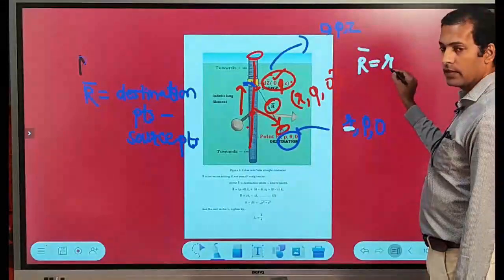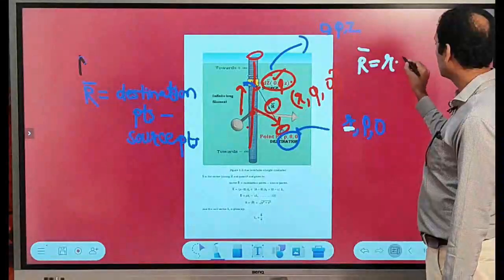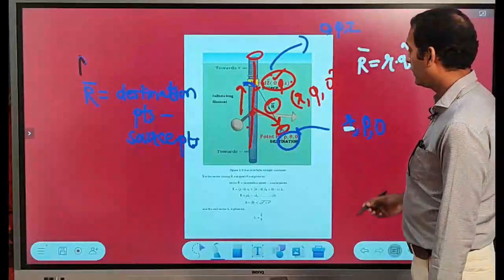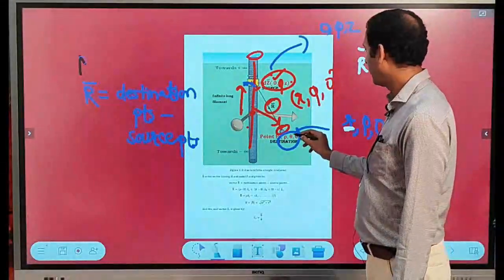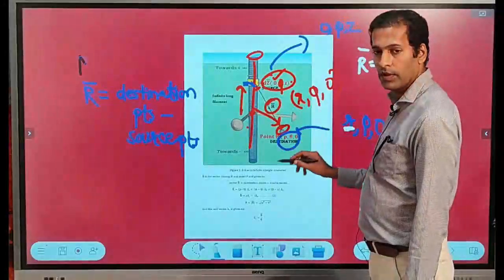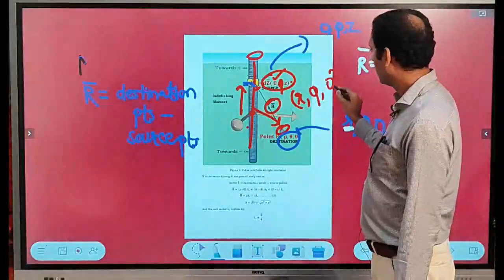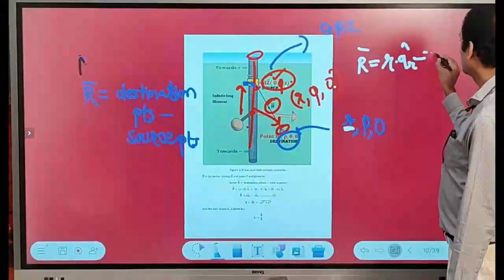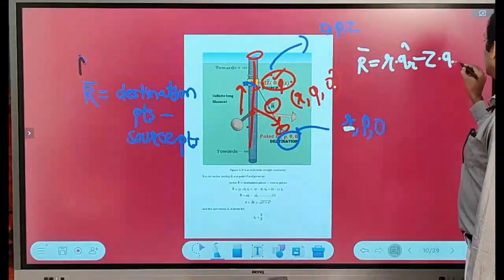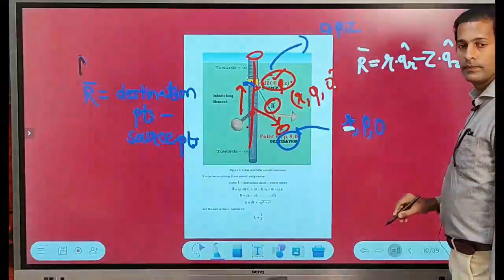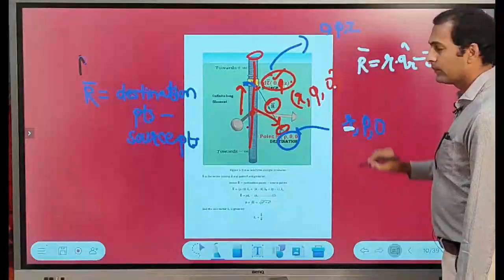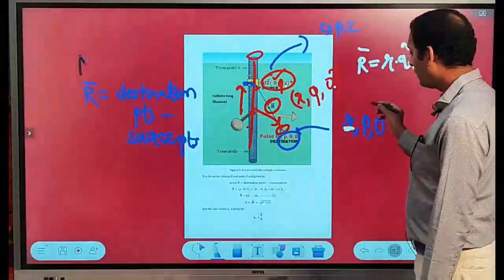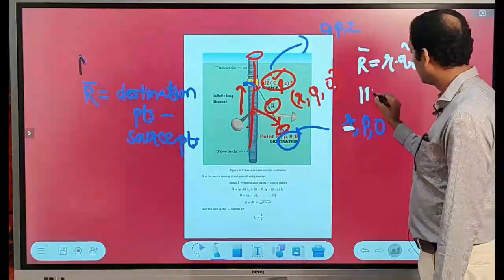R bar is vector. R is magnitude. Its direction is AR cap. What is second point? Phi. Phi minus phi, 0. Then 0 minus z. So what we will get? Minus z into AZ cap. This is what? R bar, right? And from here, what will be the mod of R bar?